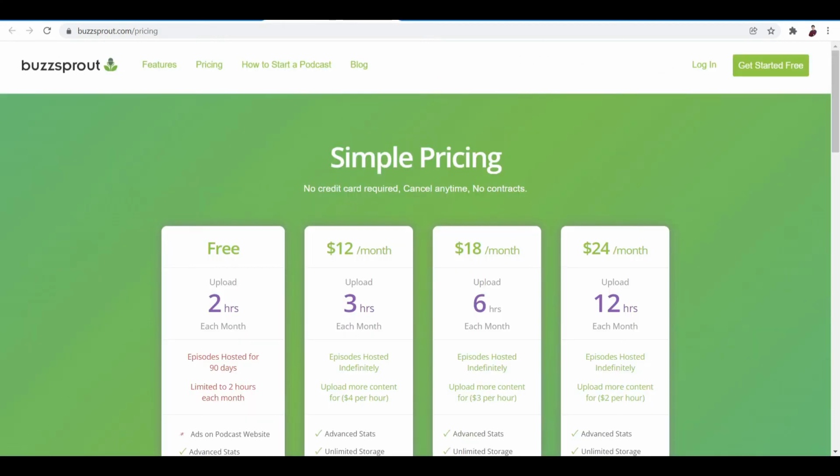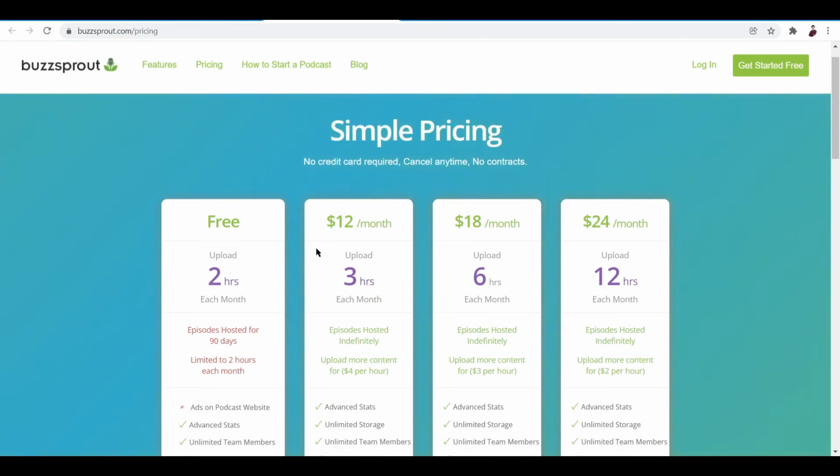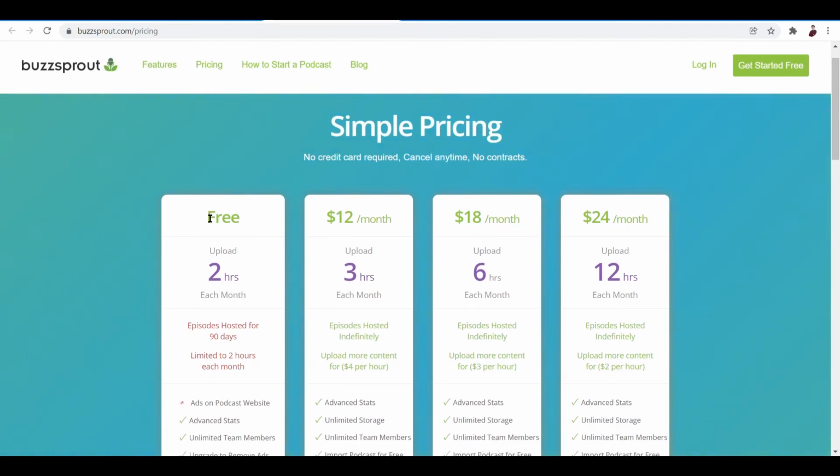Now let's go back to the pricing. Buzzsprout pricing versus Captivate pricing, you guys. For the free plan, when it comes to Buzzsprout, you can upload 2 hours' worth of podcast each month. When you start to pay, you can then upload 3 hours. That's $12 a month.